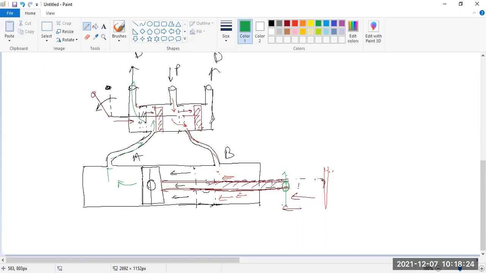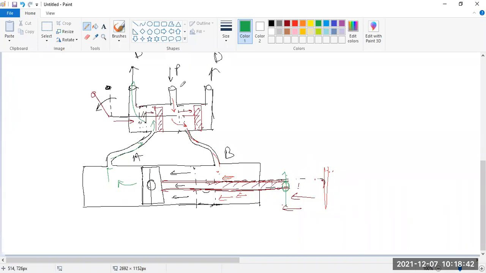So this is the hydraulic controller, and this is a proportional controller. If you put some angle or some displacement over here, then it will displace so many times. And what happens if I want to lock this position?